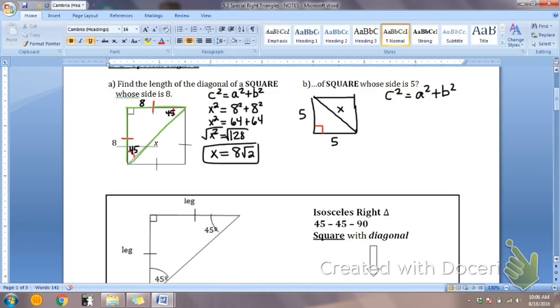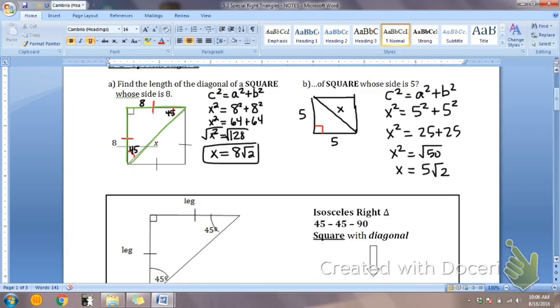Go ahead and plug in. What are you getting for the square root of 50? 5 radical 2. Good.